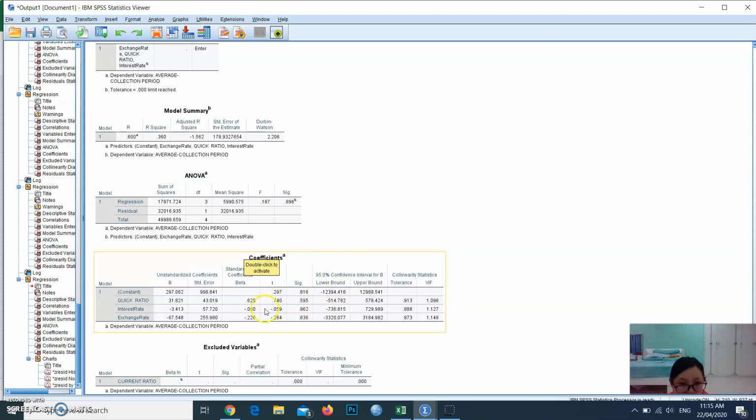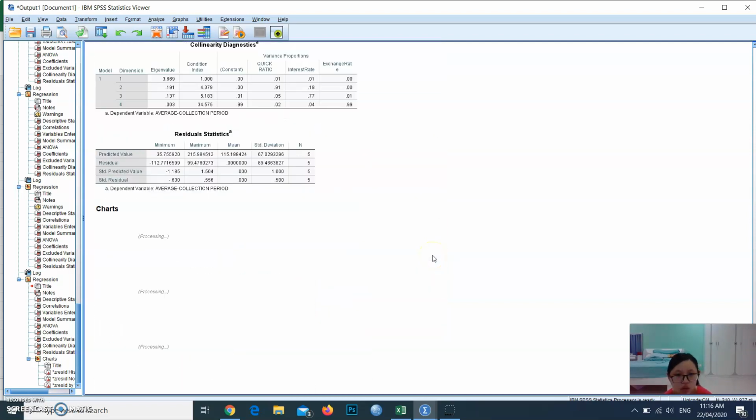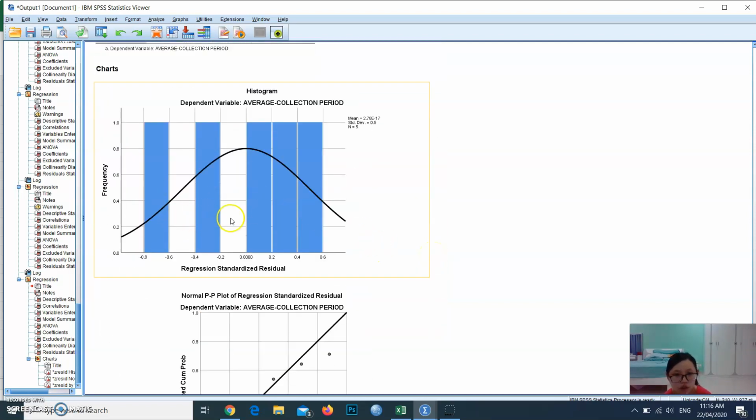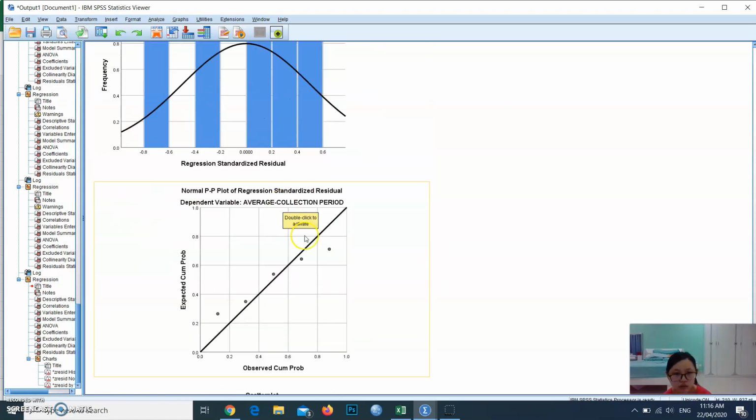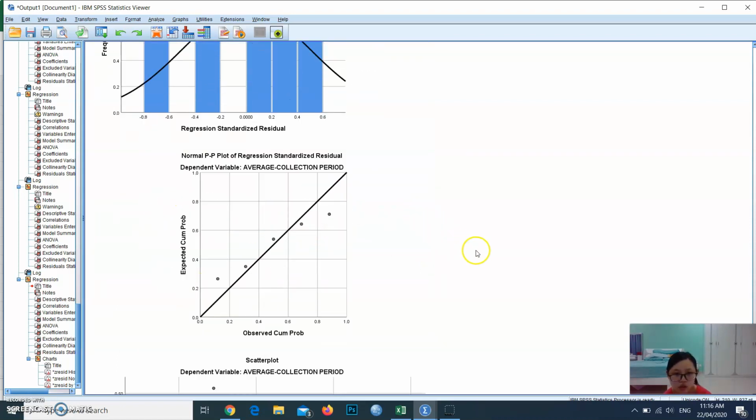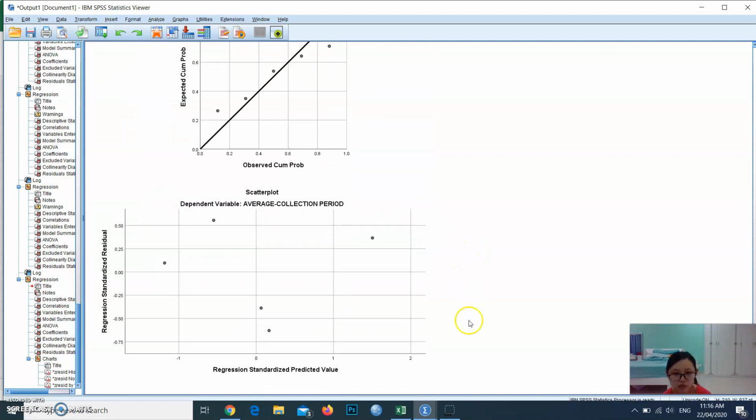But from this column, we can see that the interest rate and exchange rate have a negative relationship with the dependent variable, meaning that decreasing the interest rate and exchange rate might increase the profit of the company to solve the credit risk problem. This is the table, this is a graph, and this is a plot. So that's all for my SPSS system analysis.